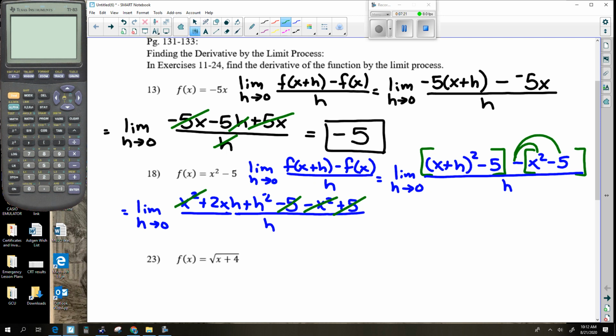So this second piece is a cancellation piece. It will cancel everything in there all the time, leaving everything with h's. So here we go, h takes out one of these h's and one of these h's. So I'm left with, as h goes to 0, 2x plus h. If h goes to 0, this is equal to 2x plus 0, which is 2x.